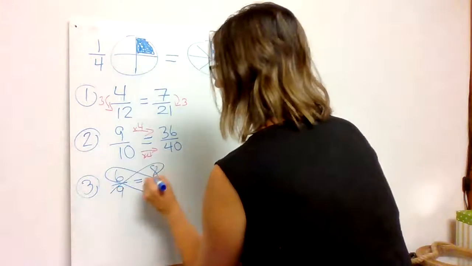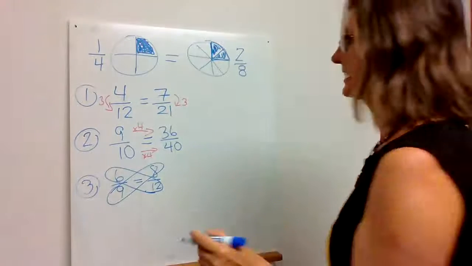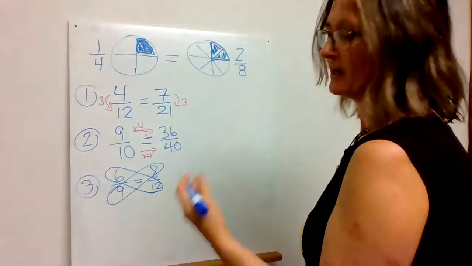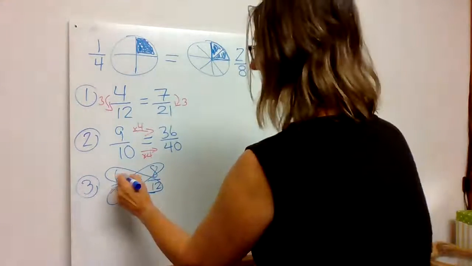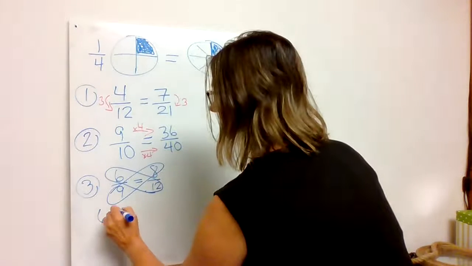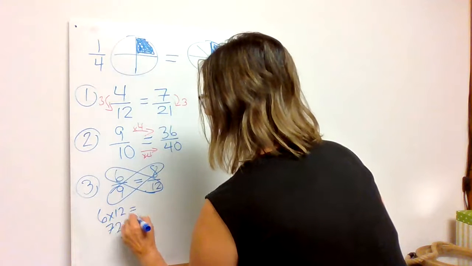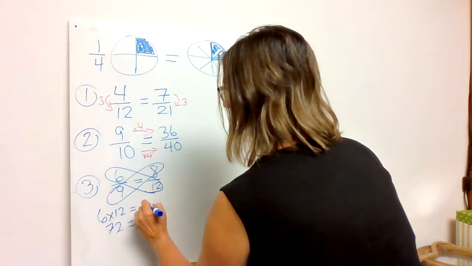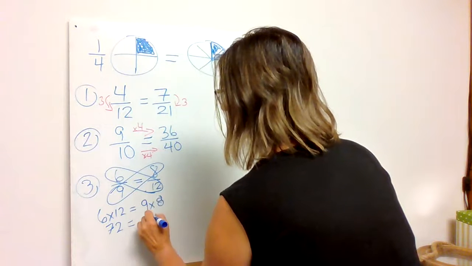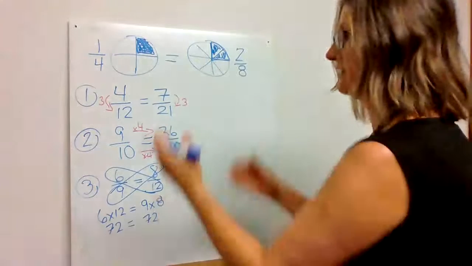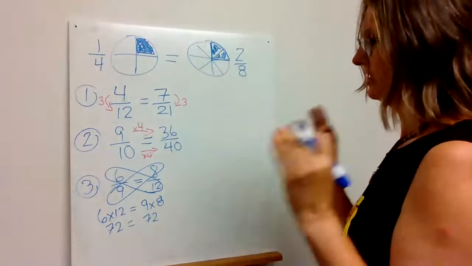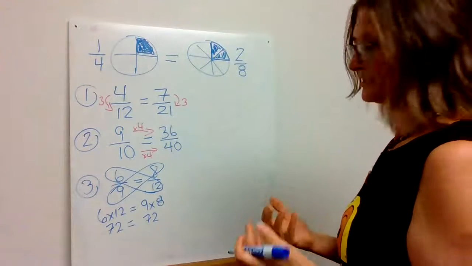It looks like a multiply sign, which is really a nice bonus. We put one of the answers on one side and one of the answers on the other side. So I'm going to say 6 times 12 equals 72. And 9 times 8 also equals 72. So we have 72 equals 72. We have cross multiplied, and that is awesome.